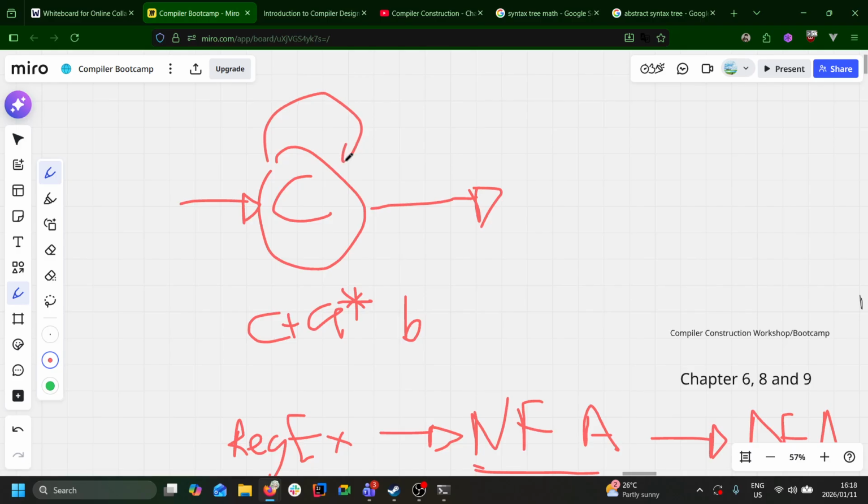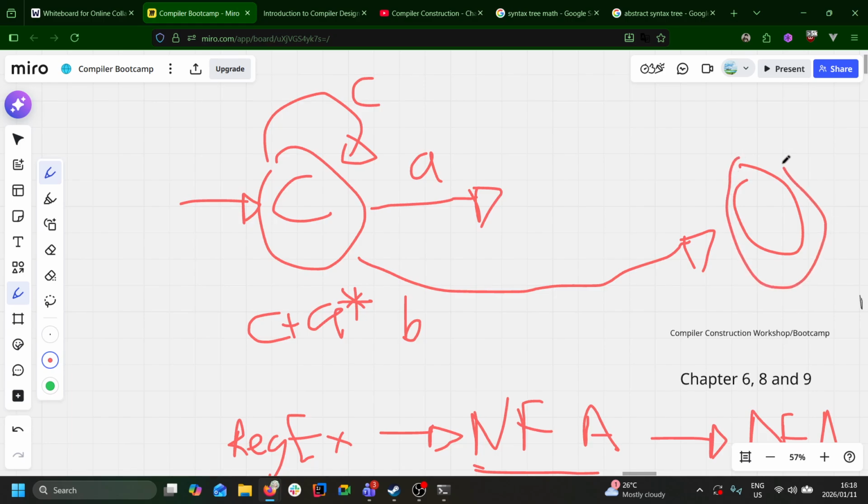You have the C, followed by any number of A's, but we don't have to have any A's, so we can go to a B. Since B is the last one, it's the accepting state. So we can have any number of A's looping, and then a B.